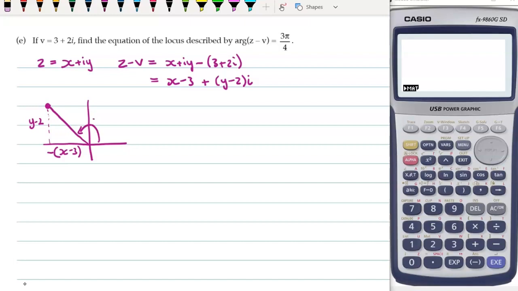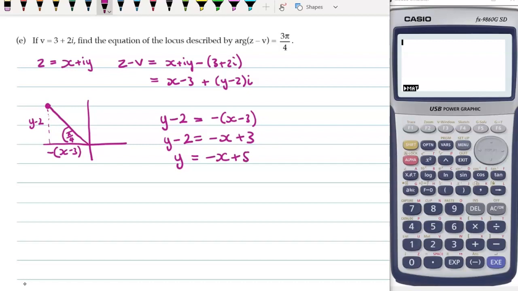Since this is 3/4 pi, it makes this bit here a 1/4 pi, or 45 degrees, which means we've got an isosceles triangle. So y minus 2 is equal to minus x minus 3 in length. So y minus 2 equals minus x plus 3. So y is minus x plus 5 as the locus that we are looking for.